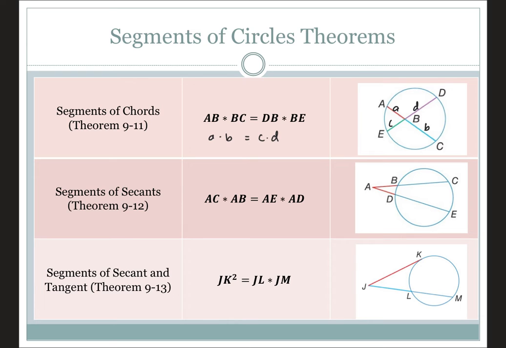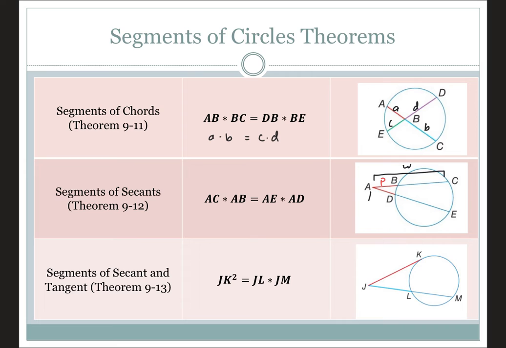Now, the next one is the segments of secants. The first one was when you had two chords. The second one is when you have two secants. If you'll notice, there's a similarity where you're multiplying the pieces together and setting them equal to each other. However, let's look a little deeper. AC is the whole segment, and then AB is the outside piece, this outside piece right here.